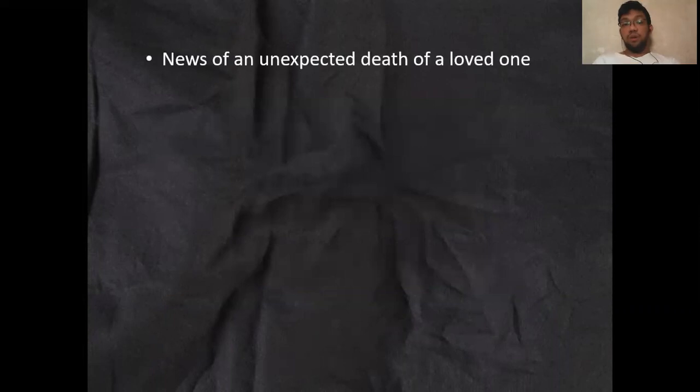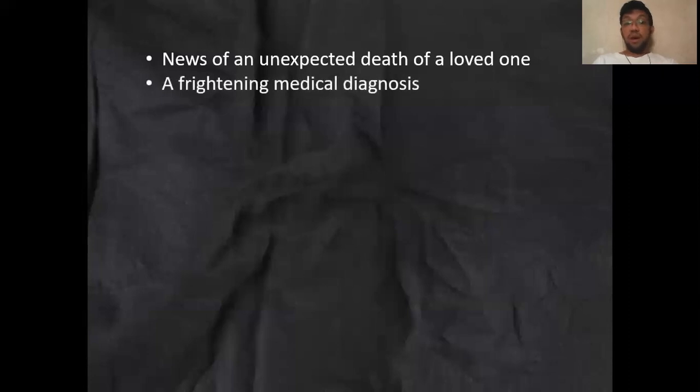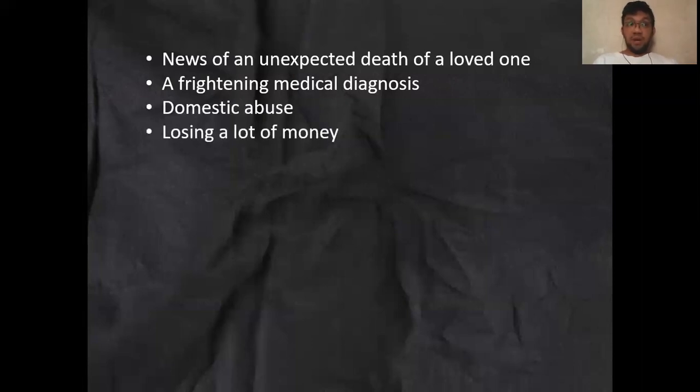So, what are the probable causes of this? News of the unexpected death of a loved one, a frightening medical diagnosis such as cancer or AIDS, domestic abuse, losing a lot of money, so if a person went bankrupt, natural disasters such as storms, earthquakes, volcanic eruptions, a surprise party.